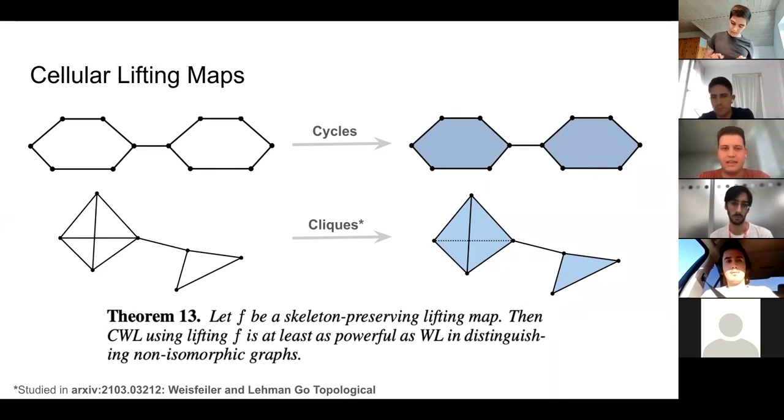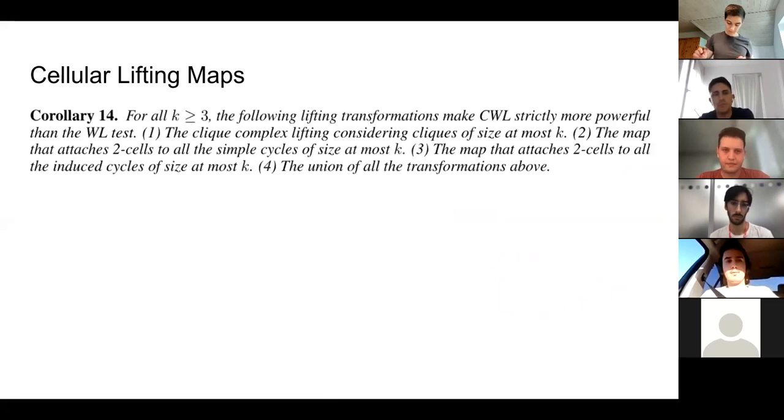Now we also have some stronger results. Here's one of these results. For this hyperparameter K, which essentially specifies the maximum size of the substructure, be it cliques or cycles, when K is at least 3, we can show that CWL with multiple lifting maps is more powerful than WL.